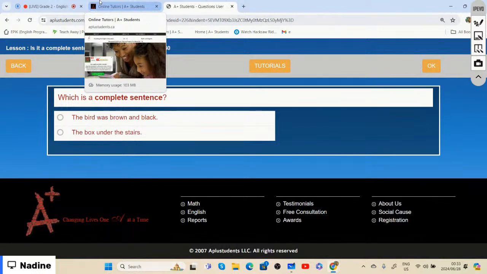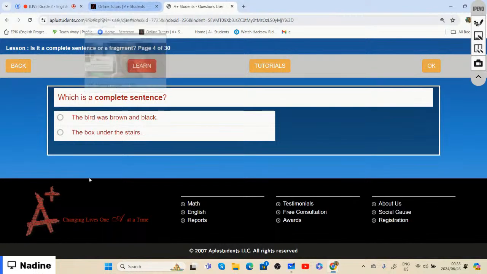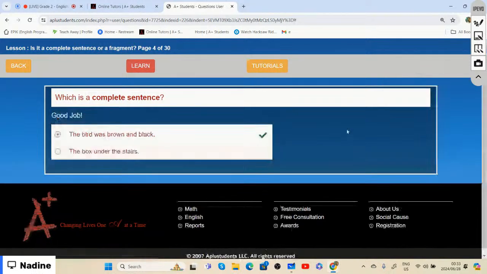If we were to choose the correct one, we would say option one, right? Because the bird is our subject and was is our verb. So option one is correct, not option two.